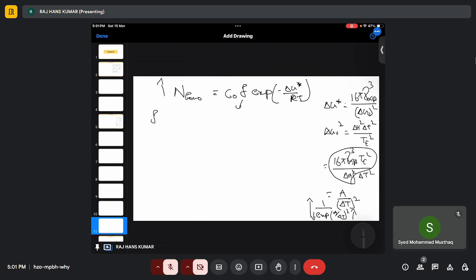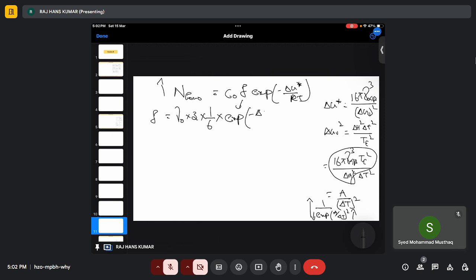So that F will depend upon the random jump frequency times the coordination number, right? Times, so how many directions do I have? 6, times the probability of the successful jump.